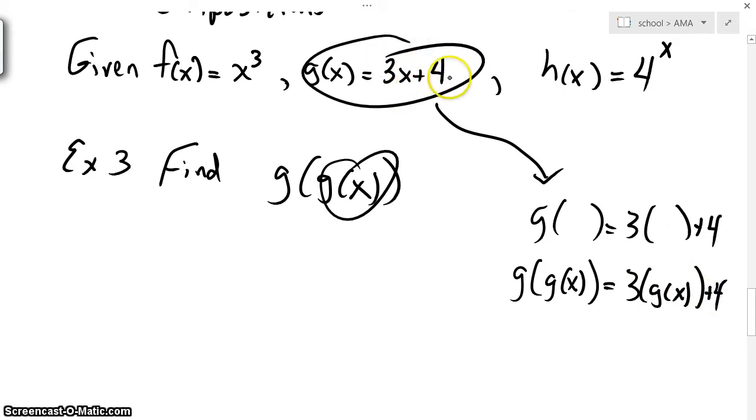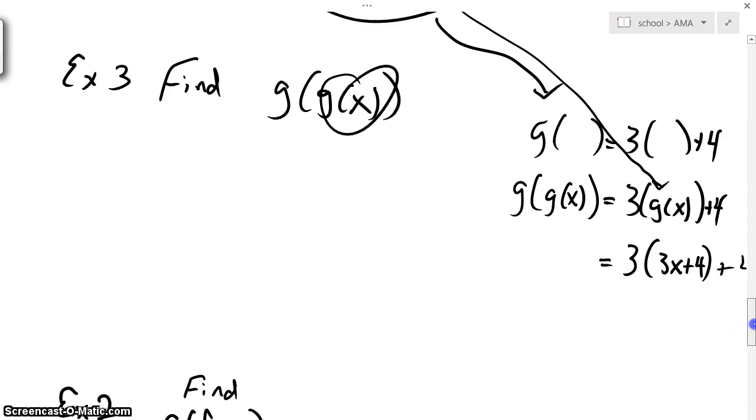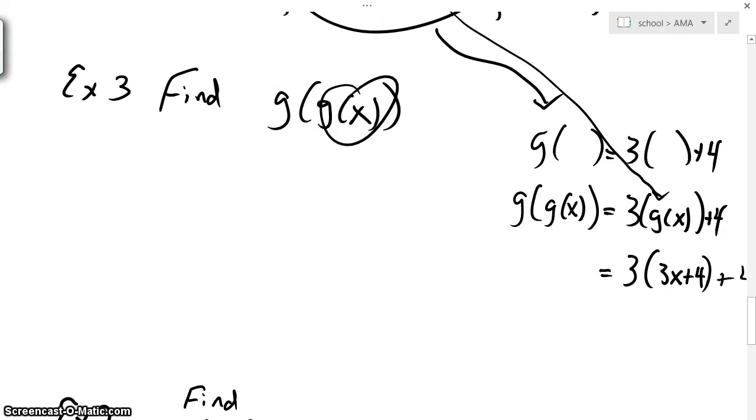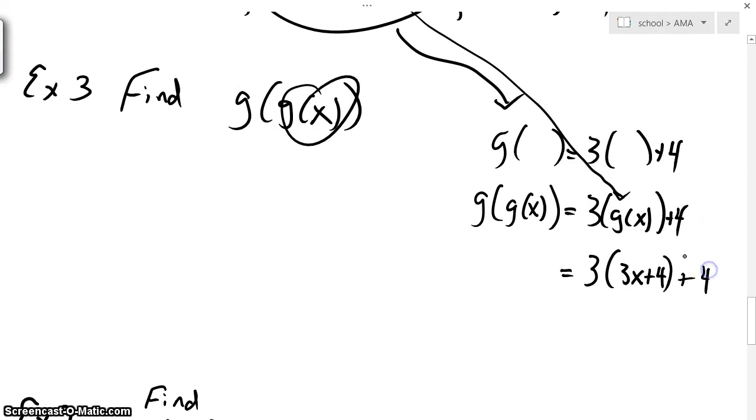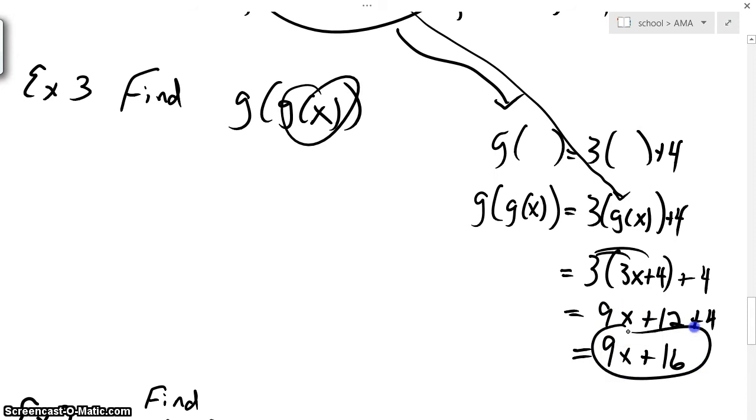G of x, more simply, could be thought of as 3x plus 4. So we have 3 times 3x plus 4. Don't forget we have a plus 4 here also. Here, we'll just move that over just a bit. And we'll distribute. We'll get 9x plus 12 plus 4. 12 plus 4 will be 16. And there we go. That's your g of g of x.